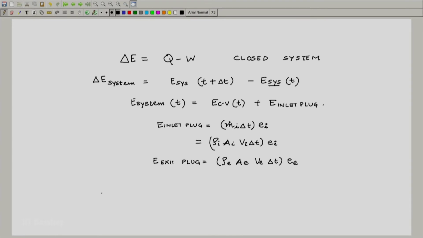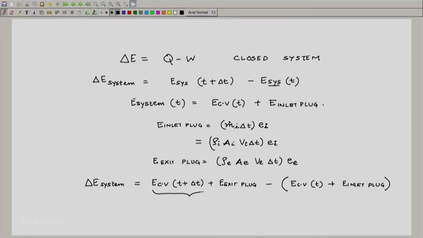So, overall we will have delta E of the system is equal to E CV at t plus delta t plus E exit plug minus E CV at t plus E inlet plug. Okay, because this is E system at t plus delta t and this is E system at t.